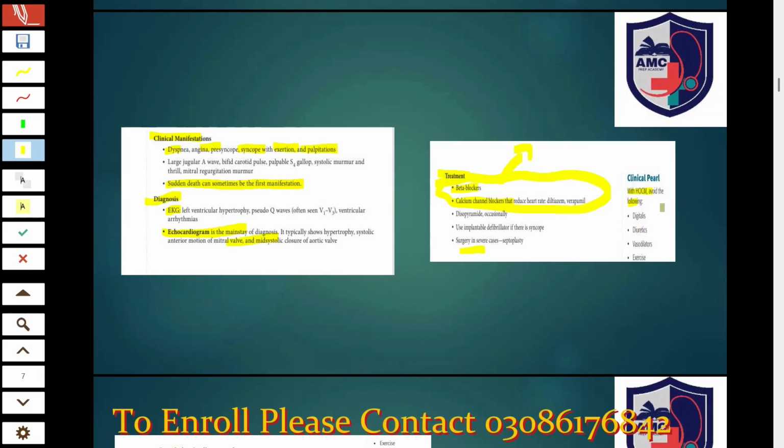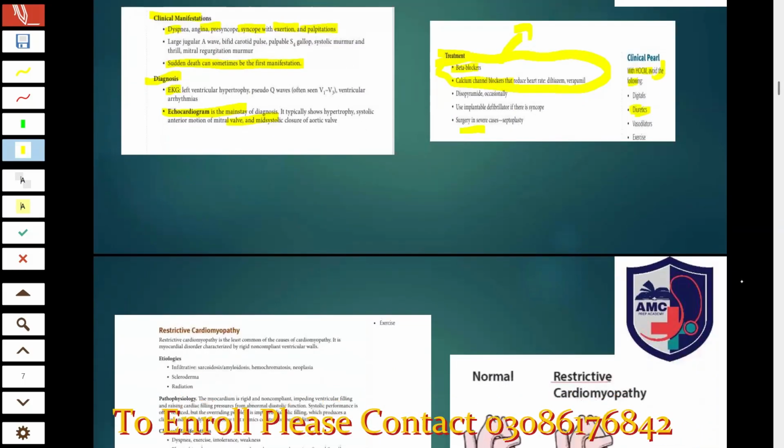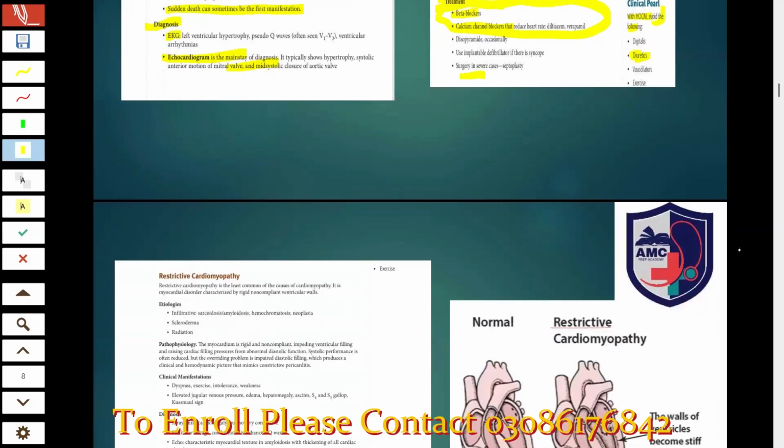Output is already decreased sometimes. Ejection fraction is normal, but if you give diuretics the patient goes more into a depleted state. So we will advise to avoid diuretics. This is the question. Doctor, so far, move to next.